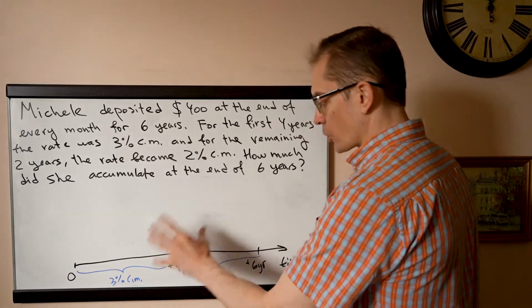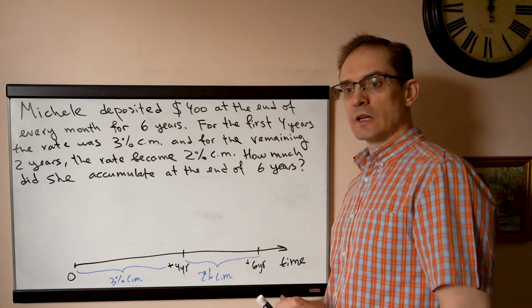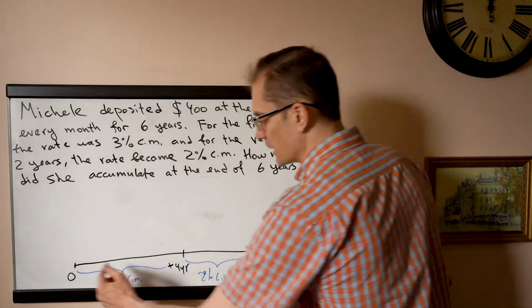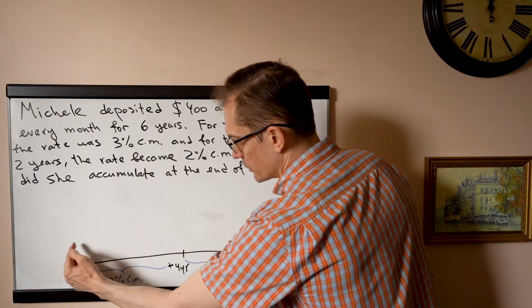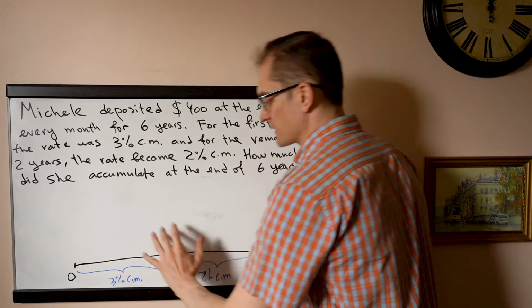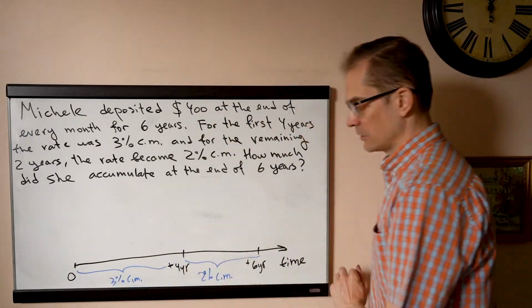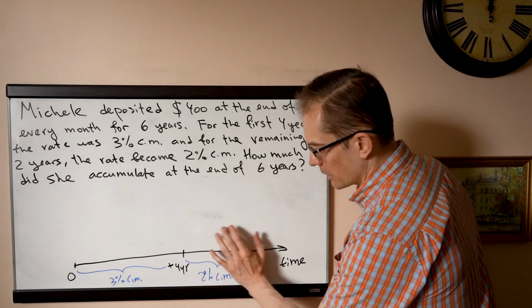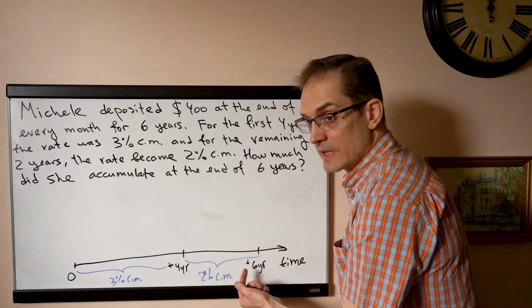So, and this is the crucial thing because in reality, in this problem, we encounter two annuities. One annuity where rate is the same. That first annuity is active for this first 4 years. That's our first annuity. And then we have a second annuity because now for that second part of this transaction, we have the same rate.